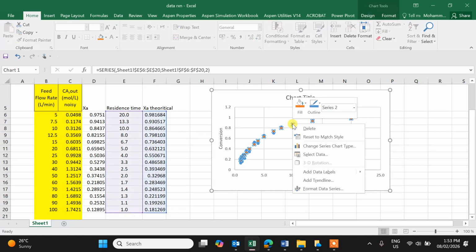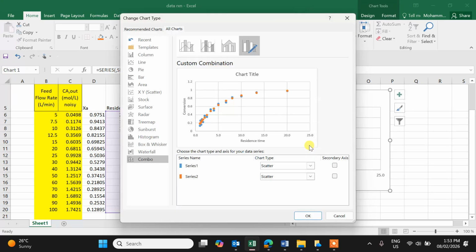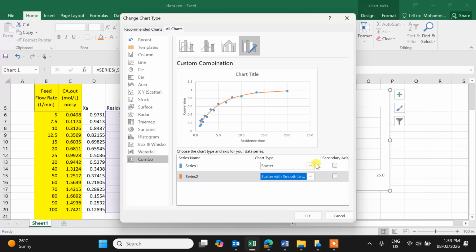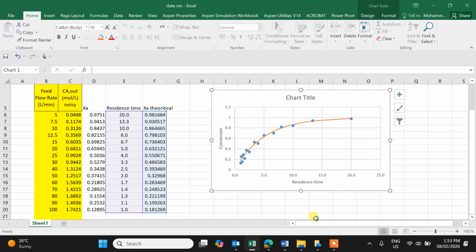So this is an equation, so we should fit a smooth graph, not scattered. Okay, so the red line is theoretical.